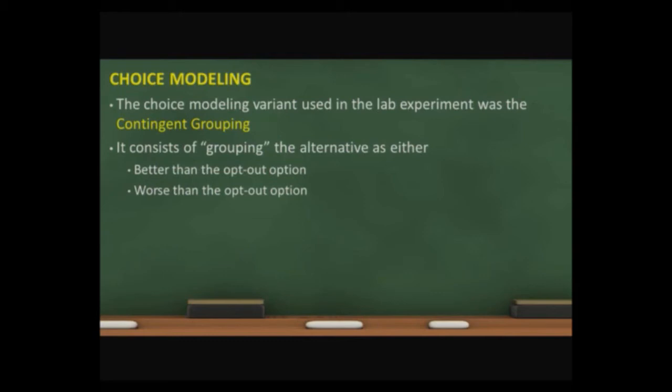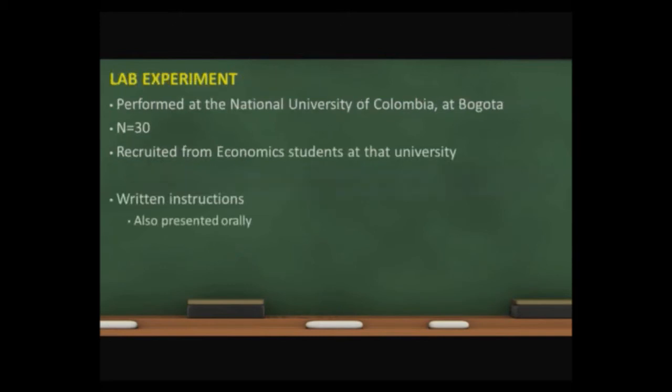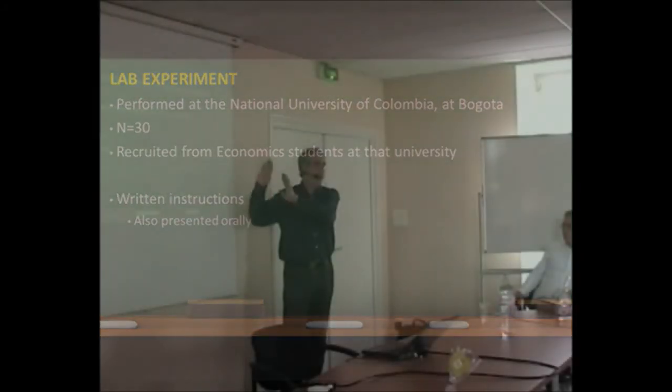You only have to group that, nothing else. That's the idea. You can see the full development of this variant in Raoul Bray and others in Resource and Energy Economics. And that's what we used, but we could use any other variant anyway.